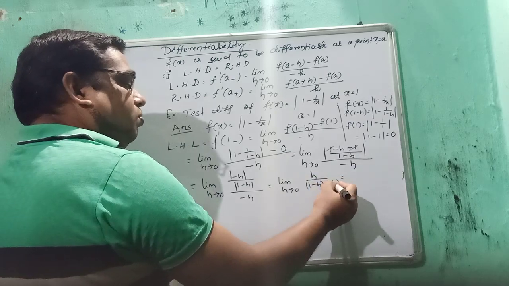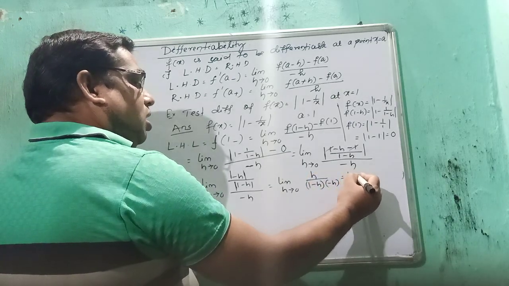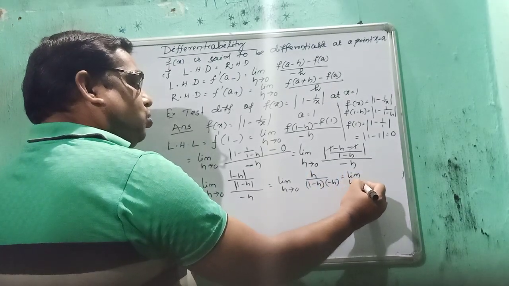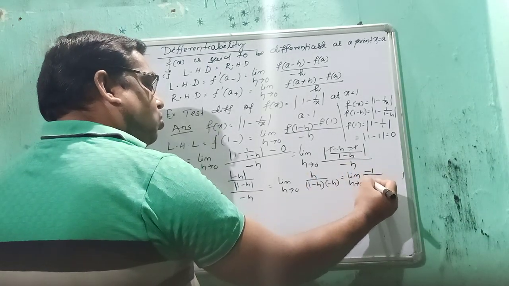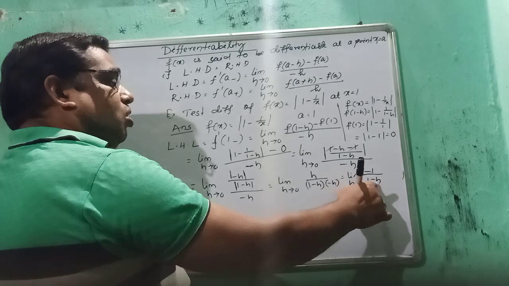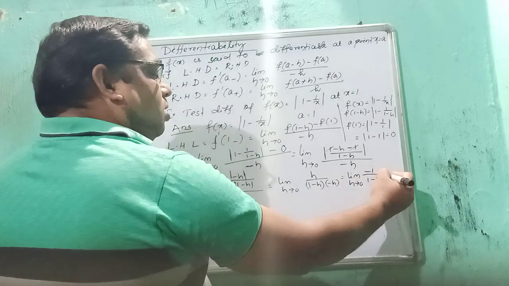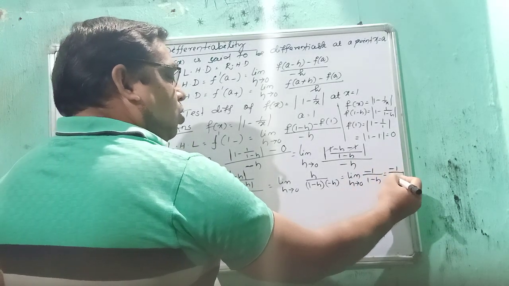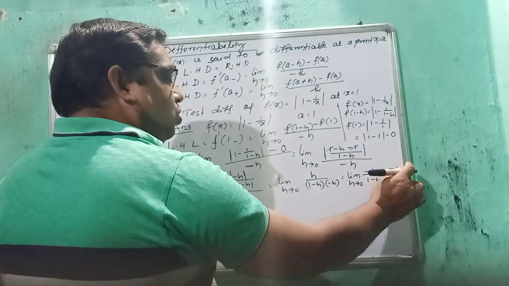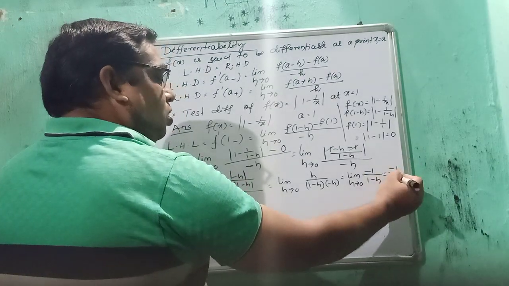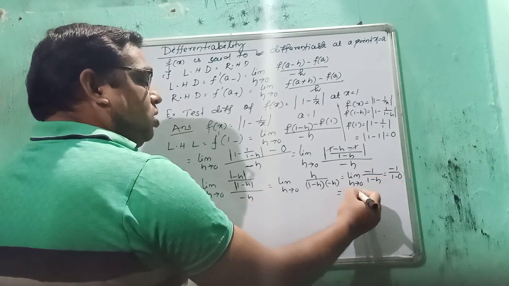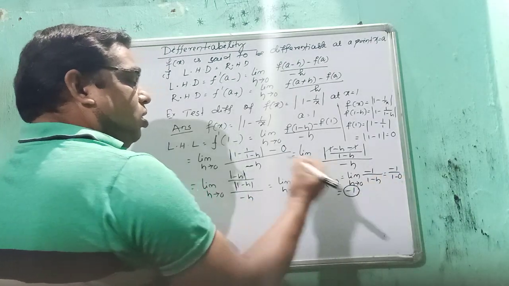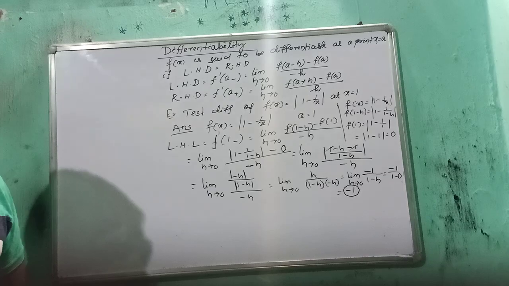Then h cancels, and the minus sign remains: limit h tends to 0 of minus 1 by 1 minus h. Now replace h as 0: minus 1 by 1 minus 0, which is minus 1 by 1, which is minus 1. That is the left hand derivative.